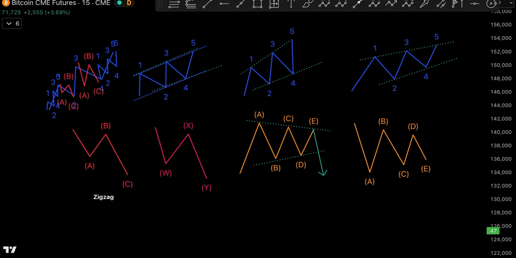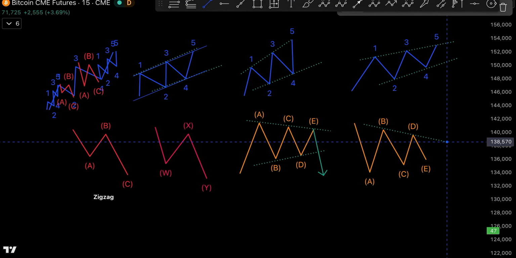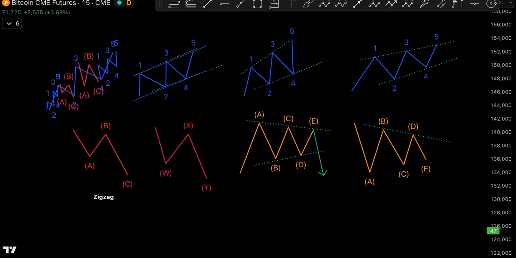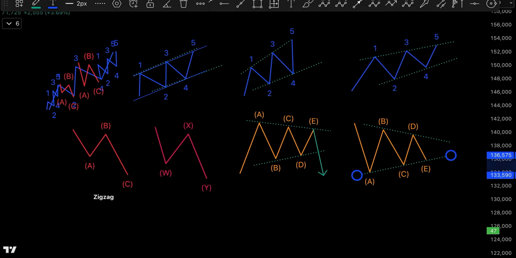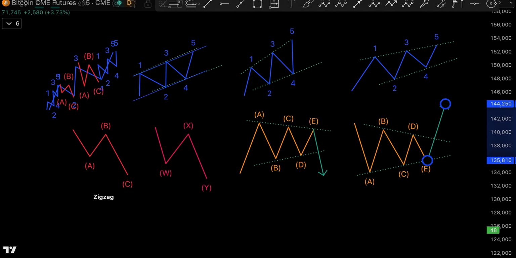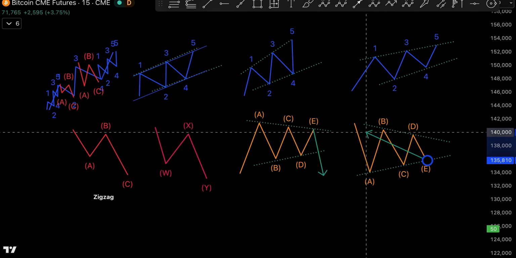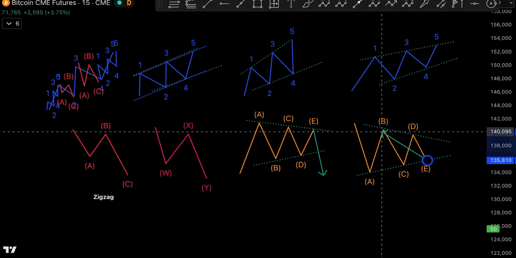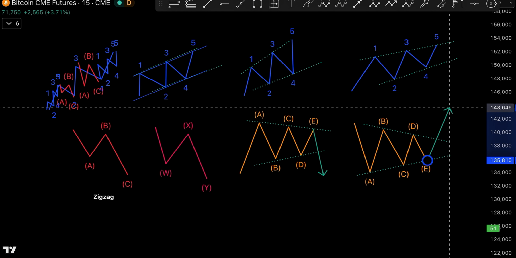So all these ABCD structures over here consist of 3 wave structures. That means we can have multiple ABC kinds of corrections over here. And this price moves towards the upside. So I'm talking about this A here having a 3 wave structure, 3 wave structures to the upside as a B, and you understand all these are 3 wave structures, and the price moves towards the upside.